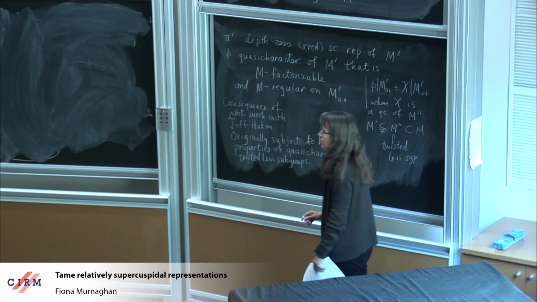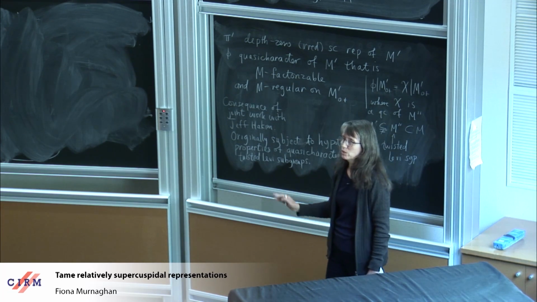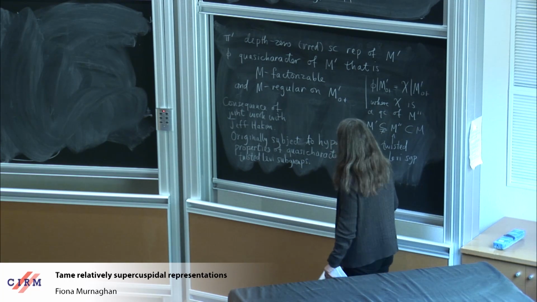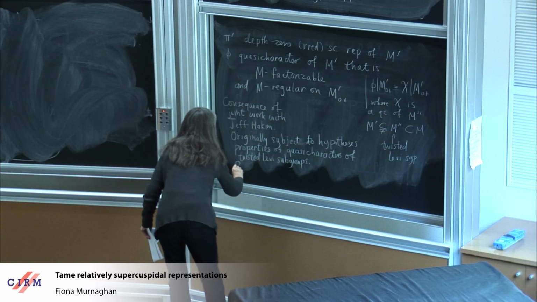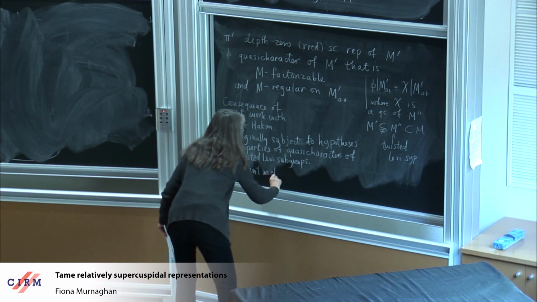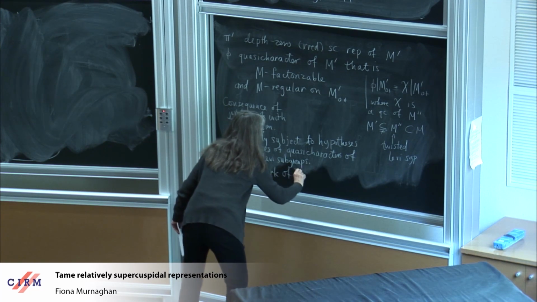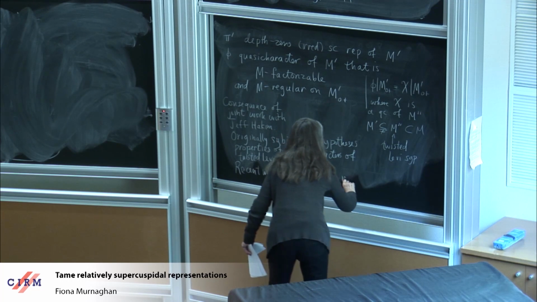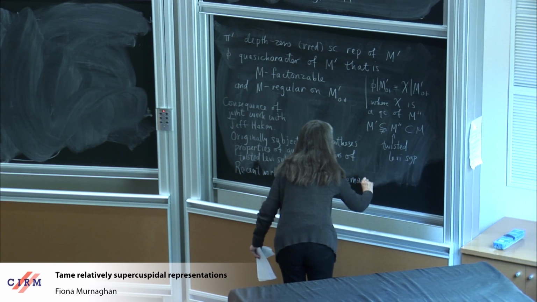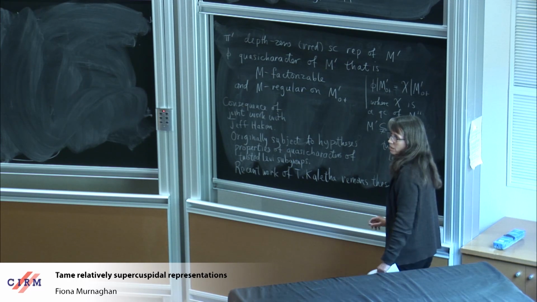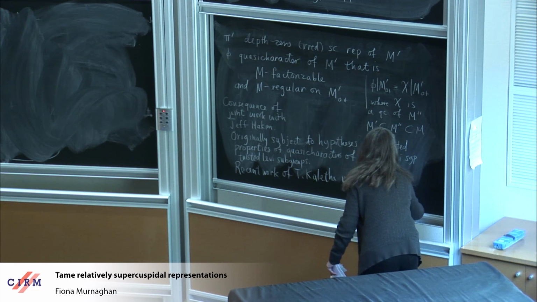If the group was GLN, it was automatic, but for other groups there were possibly some hypotheses. But recent work of Tasho Kaletha removes these hypotheses. So we only need p odd here. That's it.